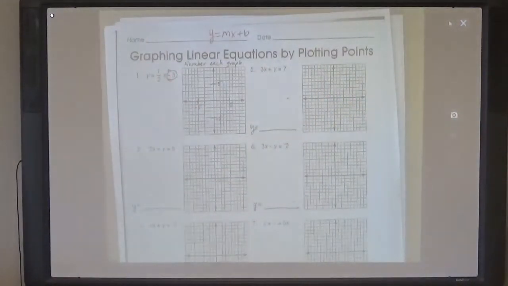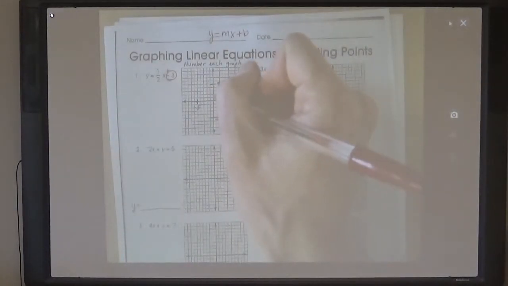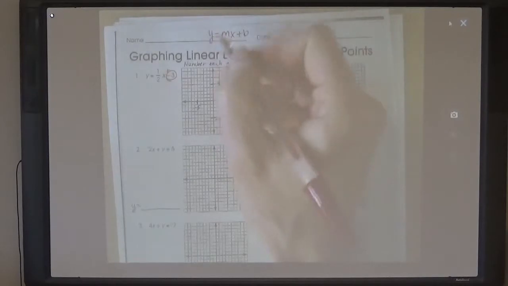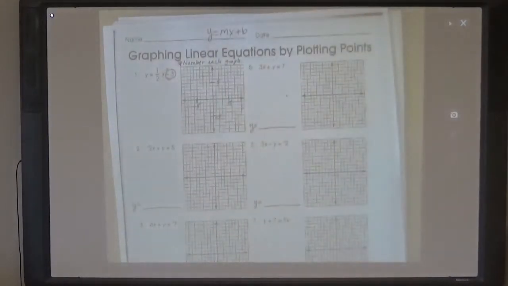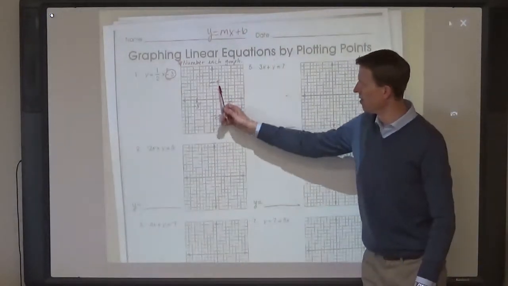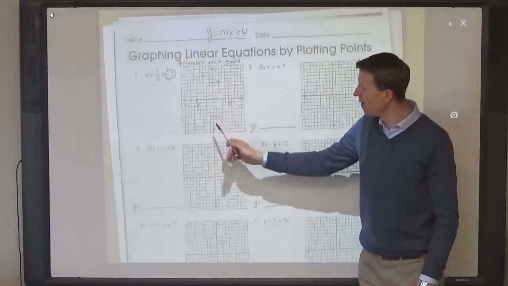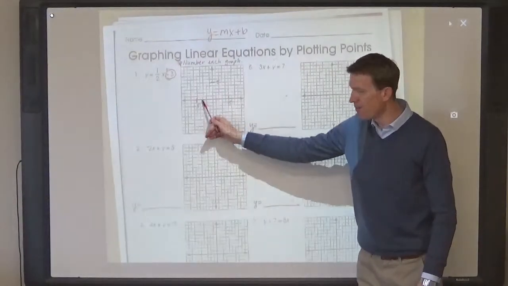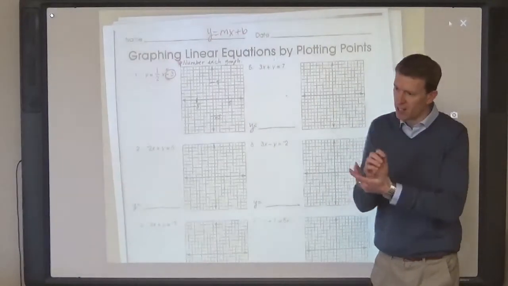So all we need to do in number 1 is set up our graph, which I've already set up for you. You have to number your graph each time. Number your graph. And you only have to put 4 numbers on. You have to identify what the interval is. 5, 5, -5, -5. You don't have to number each space.